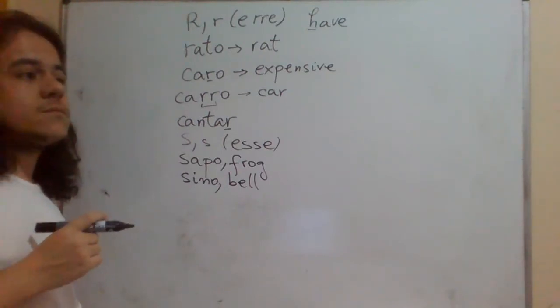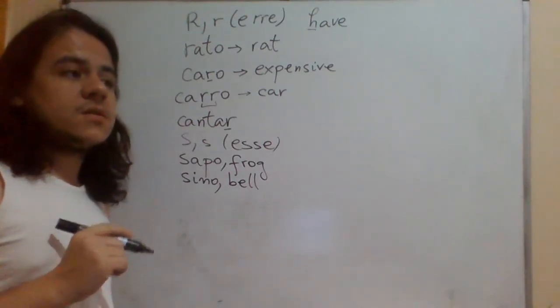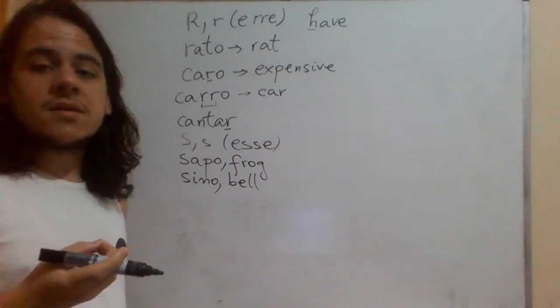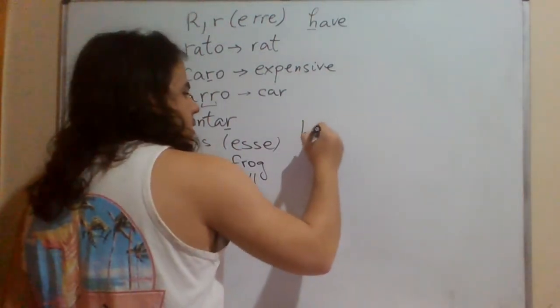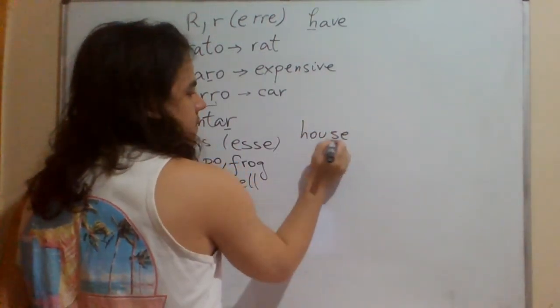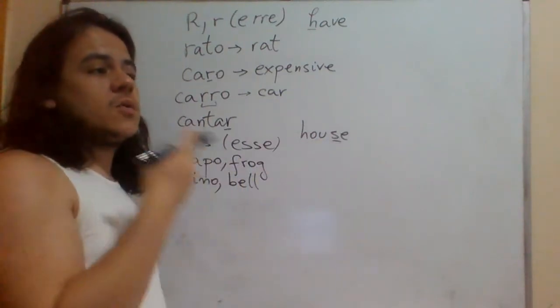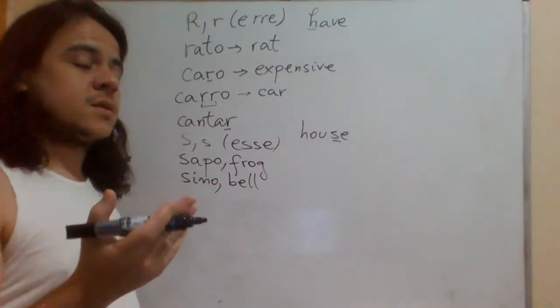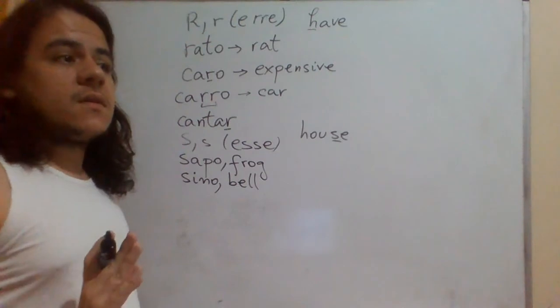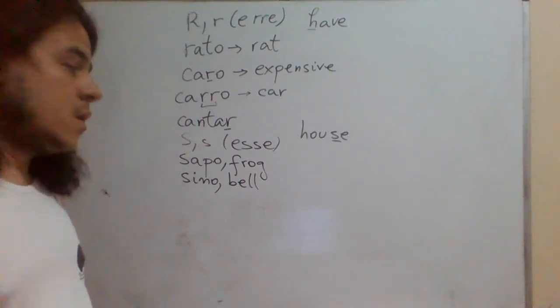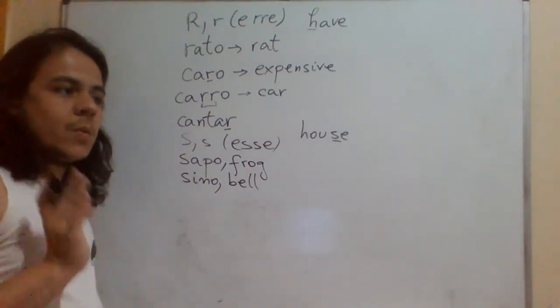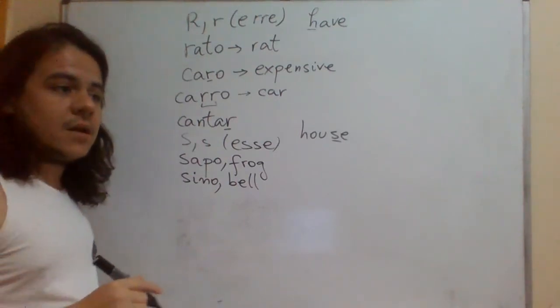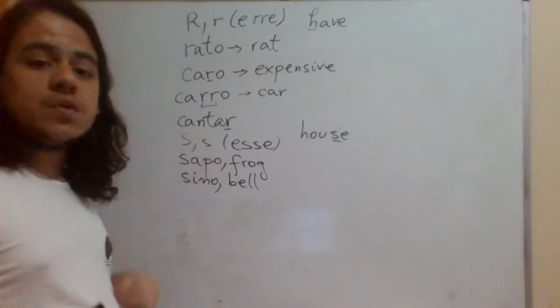Letter S can also have the sound of z, like house. This letter S has the sound of z, house. In Portuguese, this can happen as well. And it will happen when letter S is between two vowels.